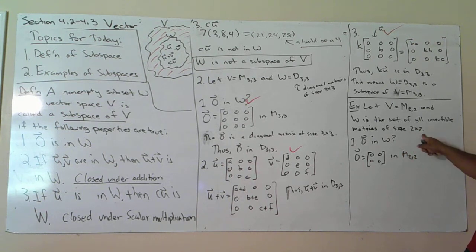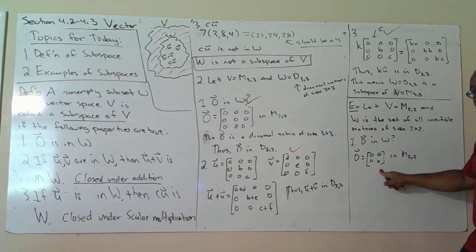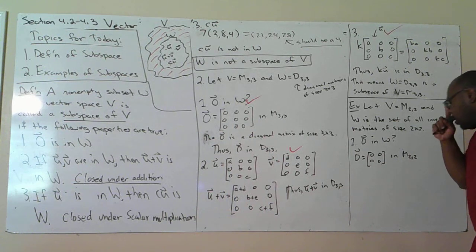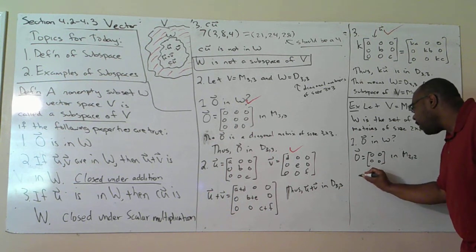W is the set of all invertible matrices of size 2 by 2. We need to make sure that the zero vector is in W, but is the zero vector invertible? The answer is no. Its determinant is 0.